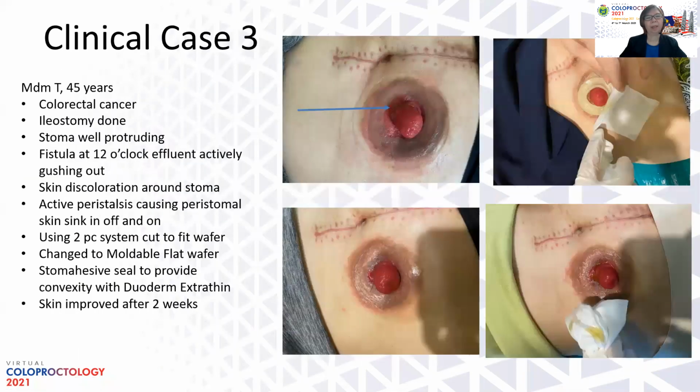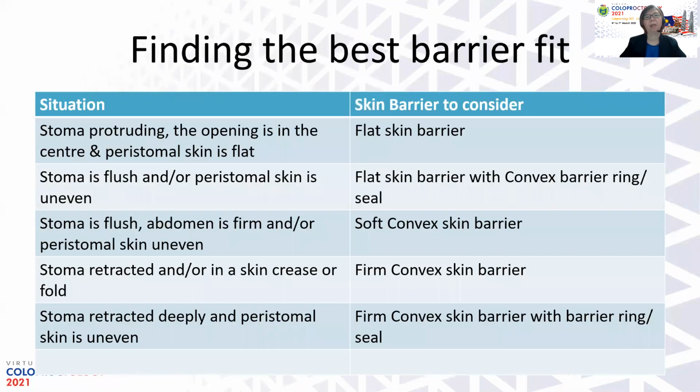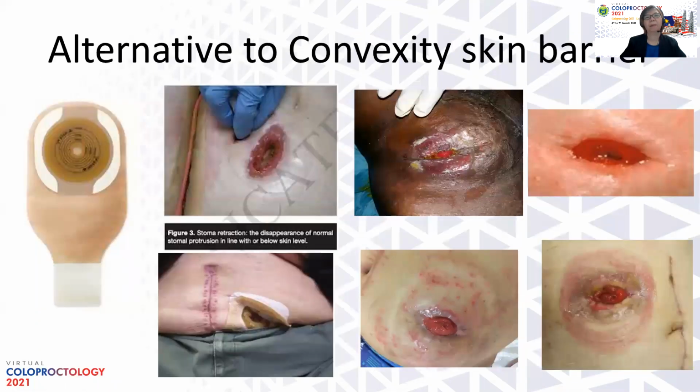Okay, the next case. Oh, sorry. Okay, this slide is showing some of the cases where, even though you can use convexity, if the patient prefers something more comfortable, maybe you can use some alternatives as well.